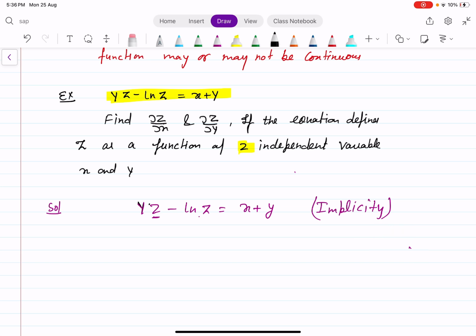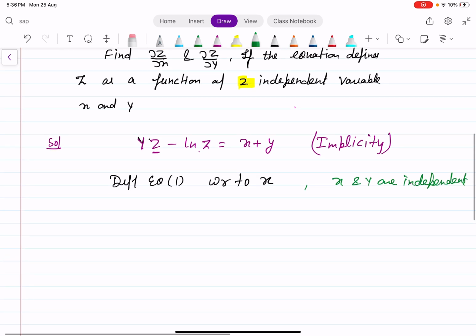Now we have to compute the value of del z over del x and del z over del y. So differentiate the whole equation 1 with respect to x. Here it is given that x and y are independent.